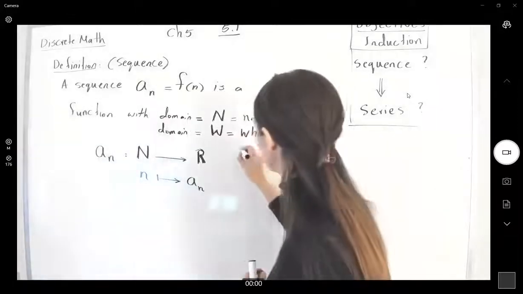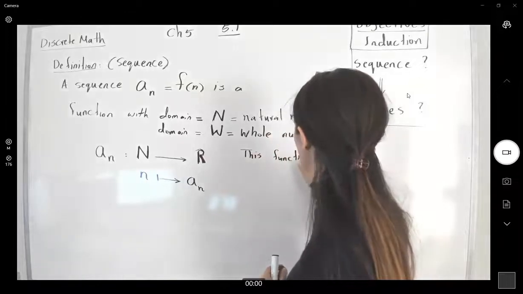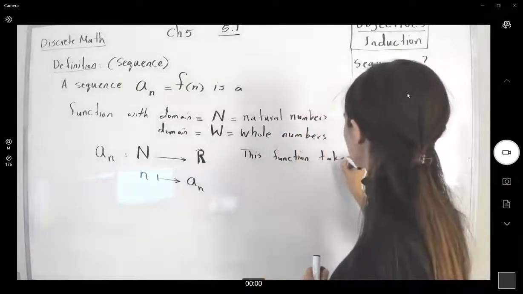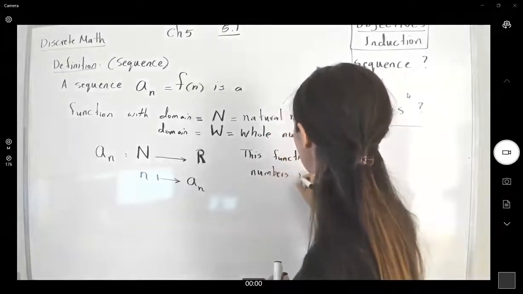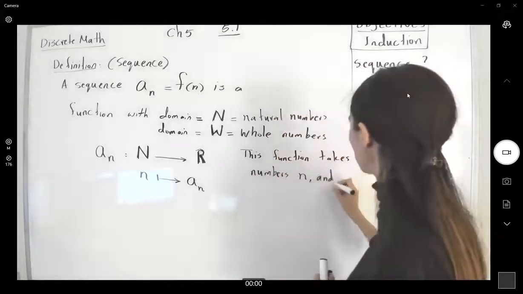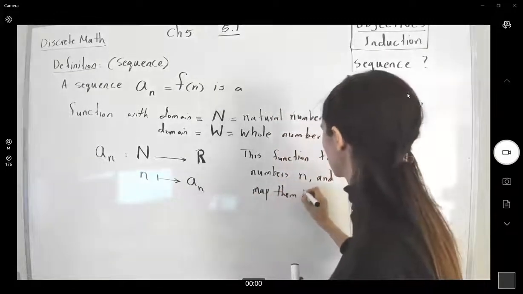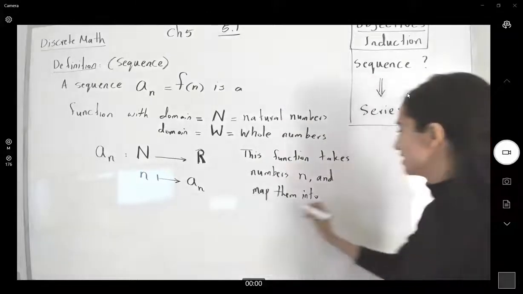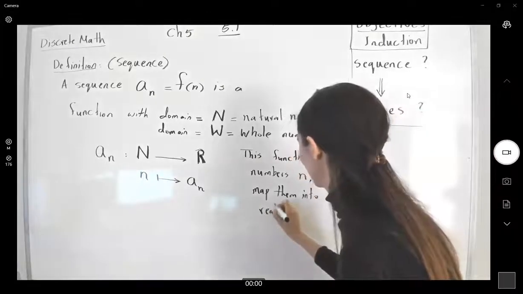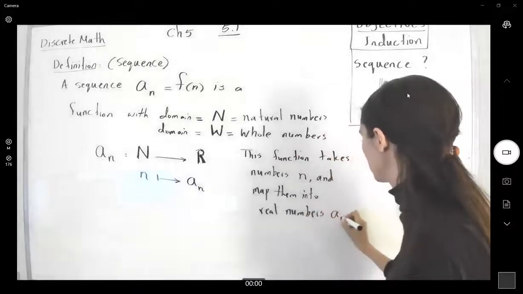So this function takes numbers like n and maps them into real numbers A sub n.